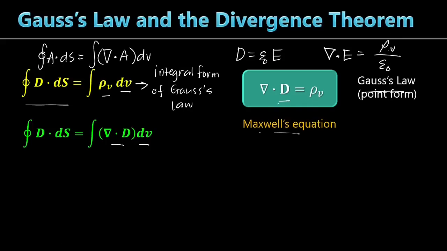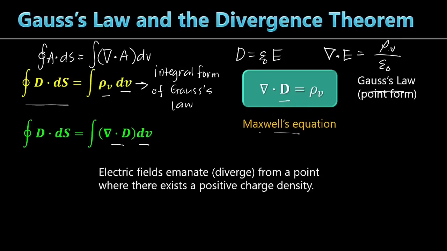So this equation implies that electric fields, ito yun, no? Electric field emanate or diverge from a point where there exists a positive charge density. So, kapag sa isang point, mayroong charge na positive, dun sa point na yon may mag-emanate na electric field.